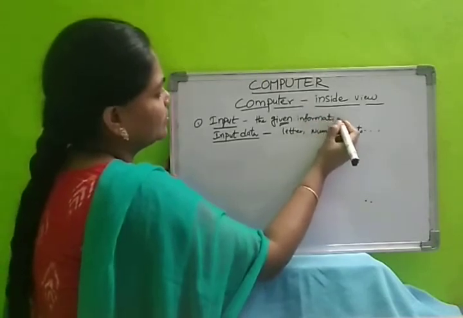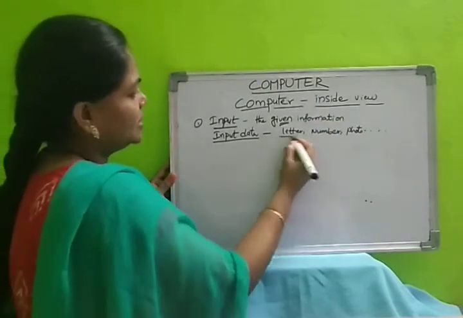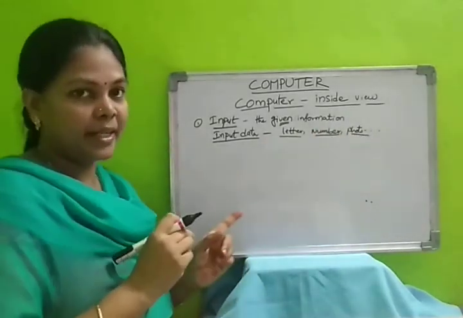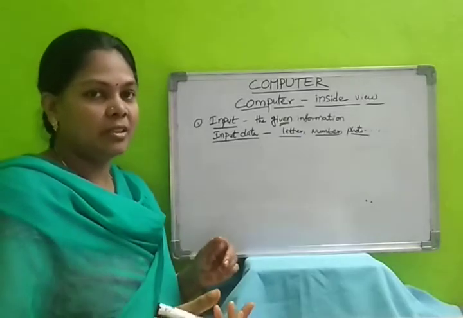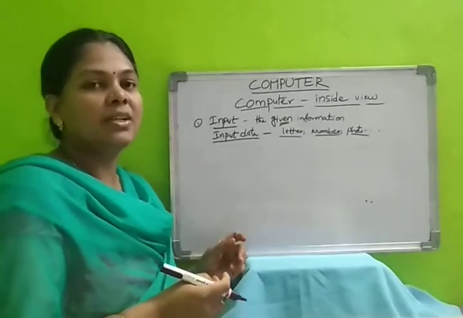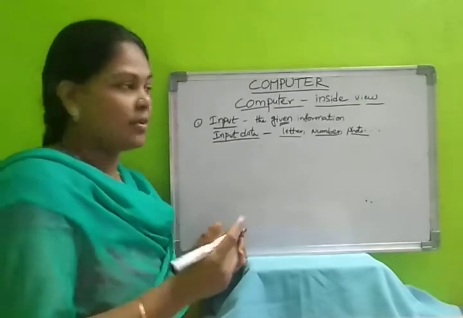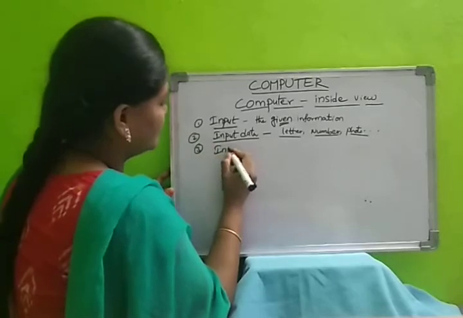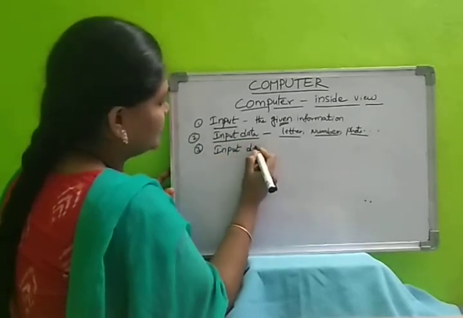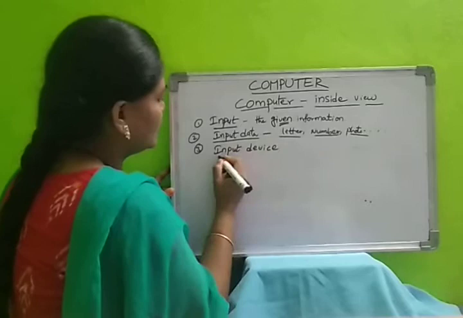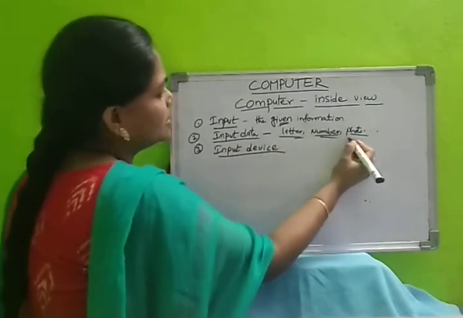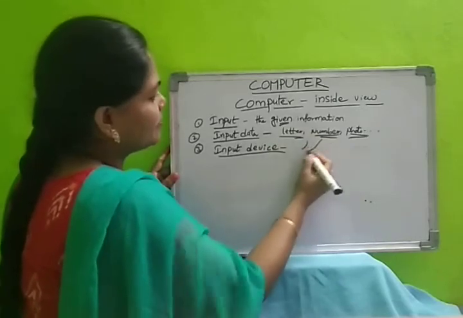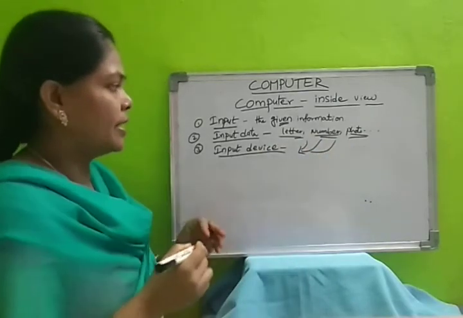Through which device you are giving or entering this information, that device is called an input device. So input device is nothing but the device through which you are giving all this information.